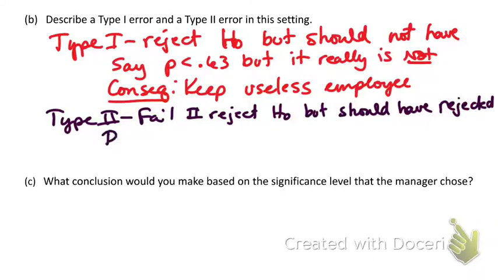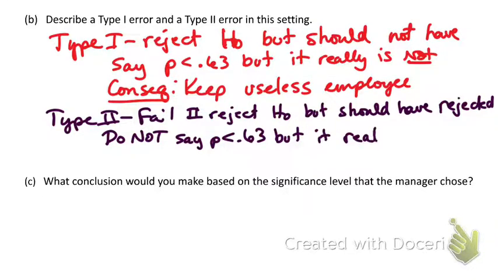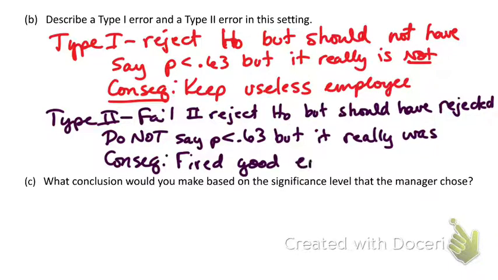So this is when we do not say p is less than 0.63, but it really was. If we don't conclude that the proportion went down, then what happens with the employee? We're going to get rid of them, but the proportion actually did go down. So should we have gotten rid of them? No. We fired a good employee, you guys. The consequence here is we fired a good employee. Sadness.